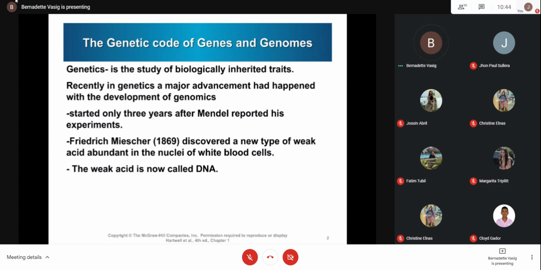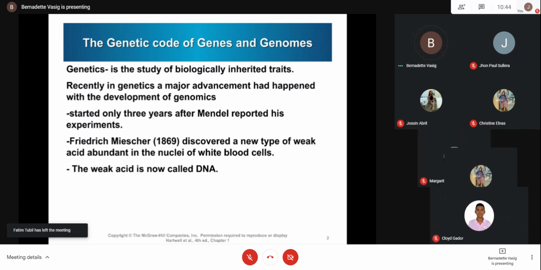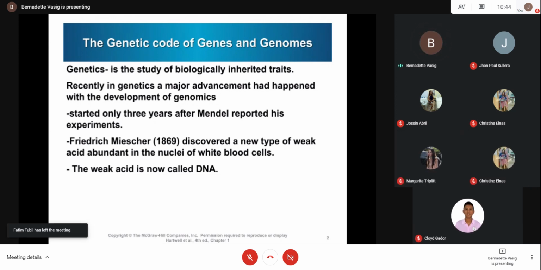And then it only started 3 years after Mendel reported his experiments on Pisum sativum. So he spent a lot of his time before studying inheritance in T. sensitivum using different morphological traits.